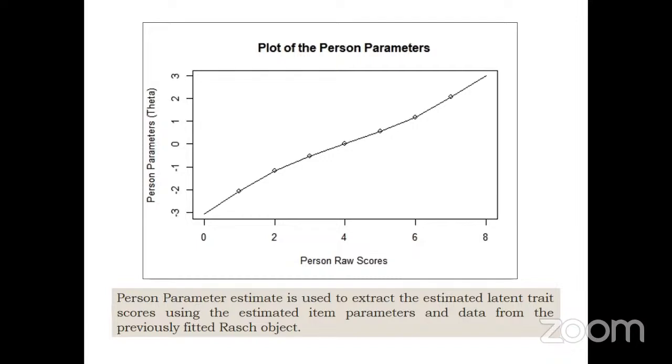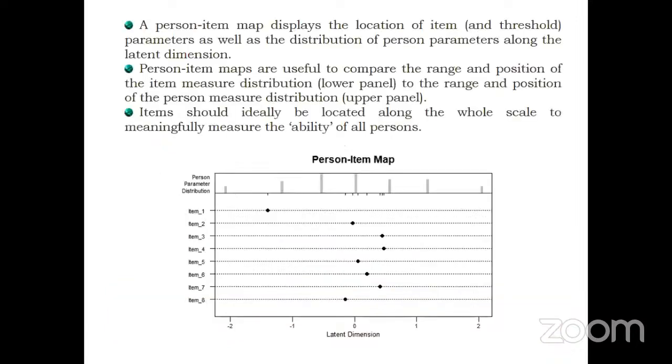If you locate the same two individuals on the theta level, you will see that the difference is not much. It is something like -1 theta level for a raw score of 2, and for a score of 3 it's like -0.5 or something like that. So the difference is not much as per the trait level. That's how you can compare individuals directly.